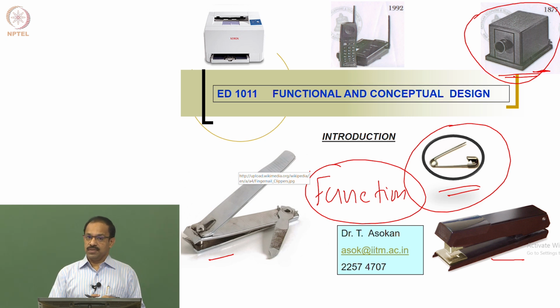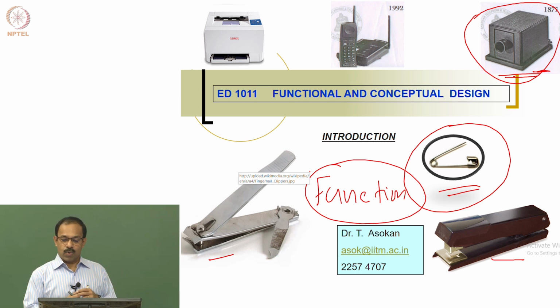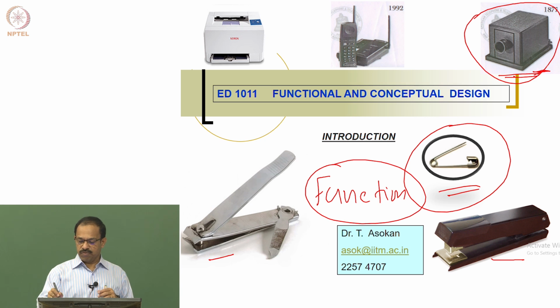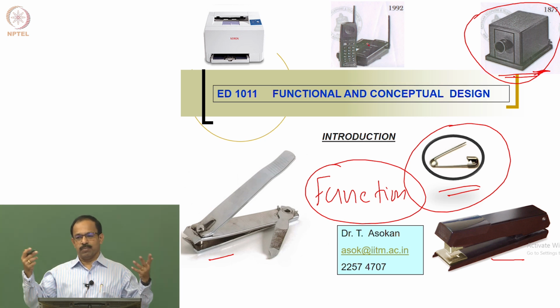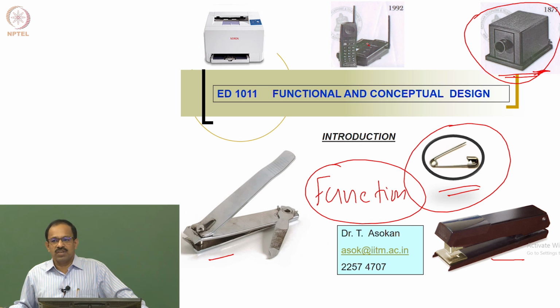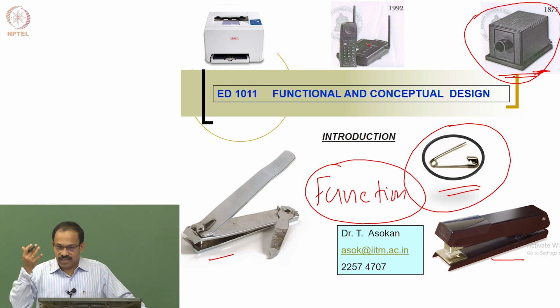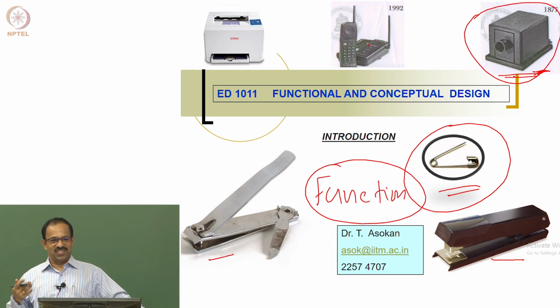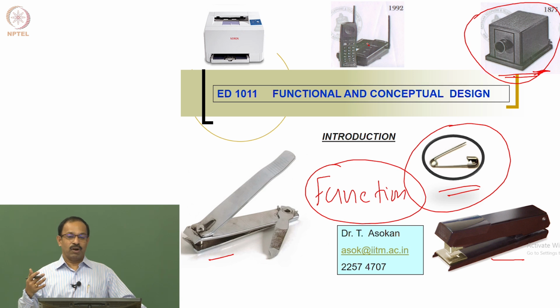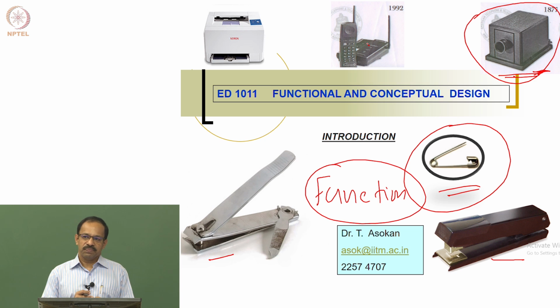And what changed? What changed in the phone, from this phone to the current mobile phone? Design. Okay, so design has changed. So then how do you define design? What actually changed is the form of the product.